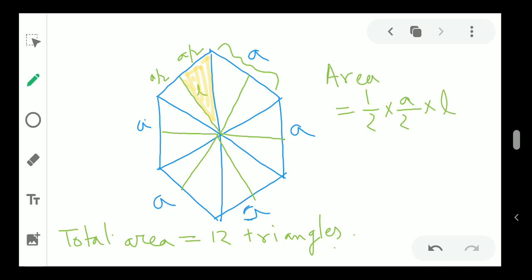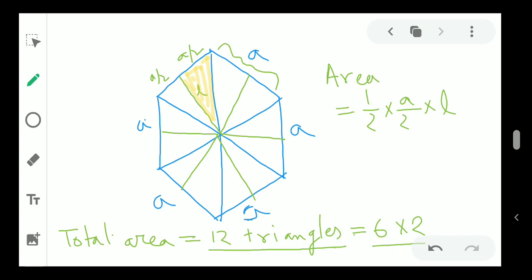You can see that because this is a hexagon, we are having 12 triangles. Hexagon has 6 sides, so 6 sides into 2, because for each side we have two triangles. So we have 12 triangles.